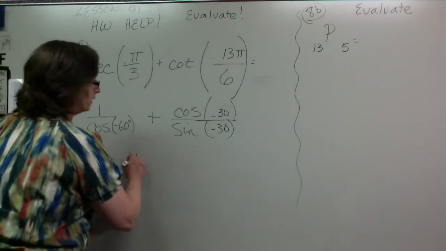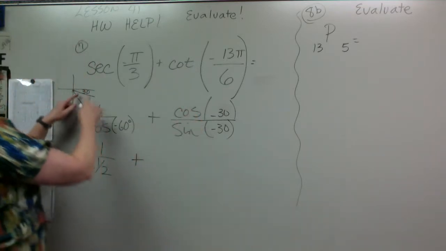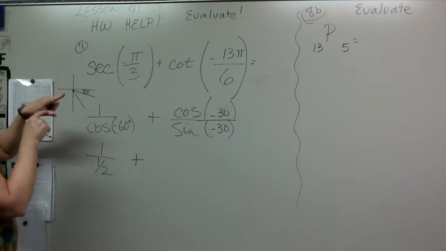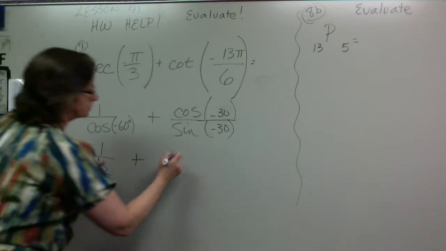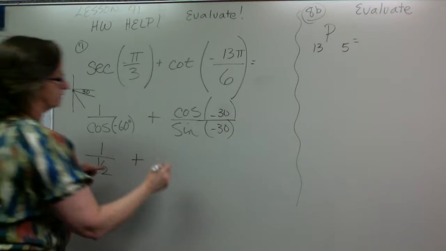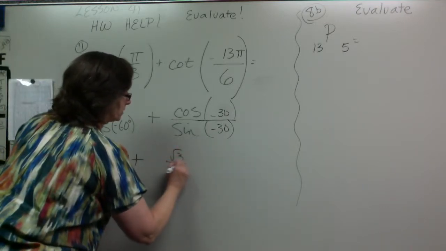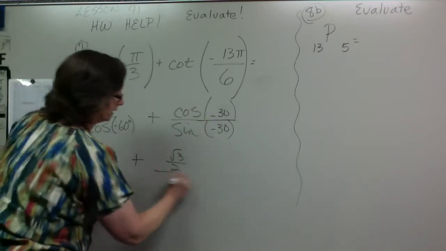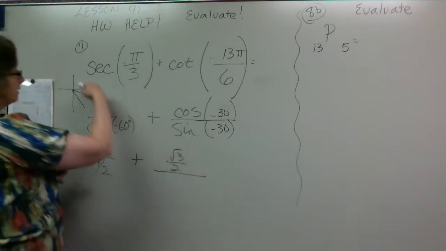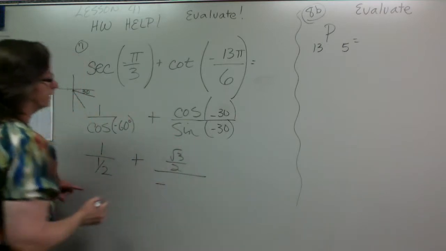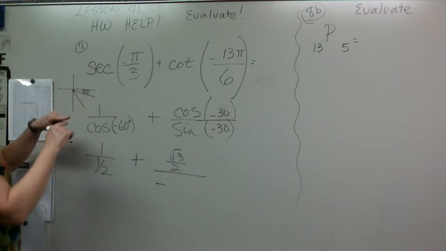Okay, and then over here, we've got the cosine of a negative 30. The cosine of a 30 is the long one. So it's going to be, and it's off to the right, so it's going to be the square root of 3 over 2 is the cosine of a negative 30 over the sine of a negative 30 is down, so it will be negative, and the sine is the short one.